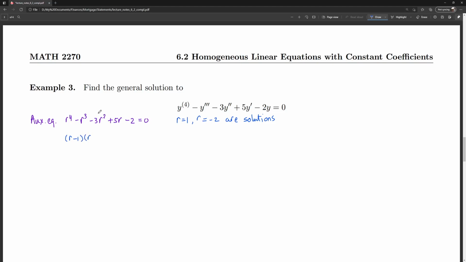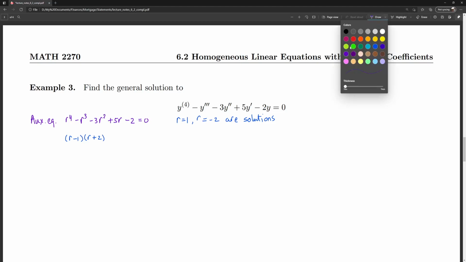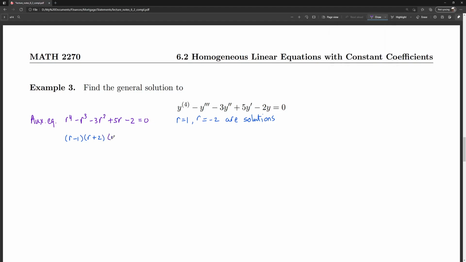If those two are solutions, that means we can write our auxiliary equation as r minus 1 times r plus 2 times, and then what's left of the auxiliary equation is r squared minus 2r plus 1.